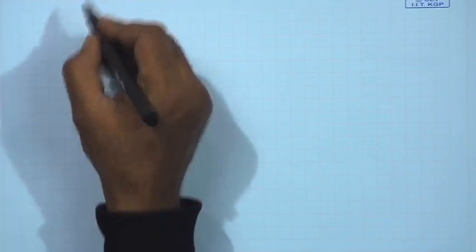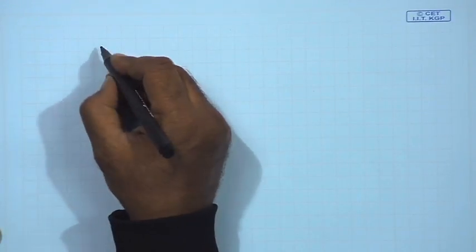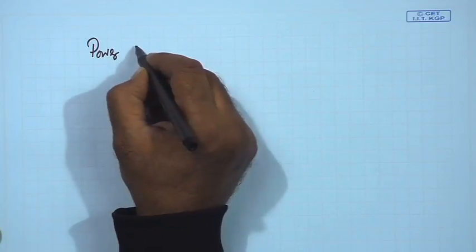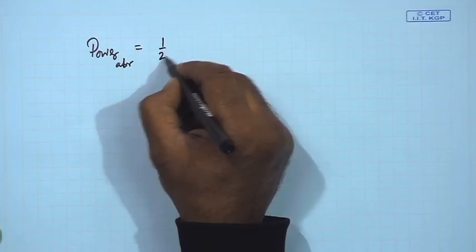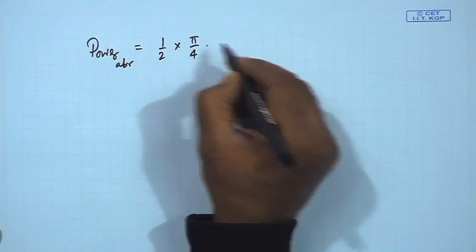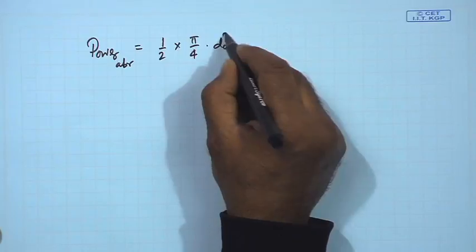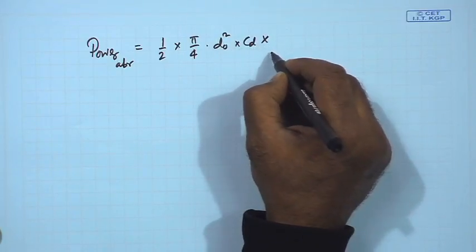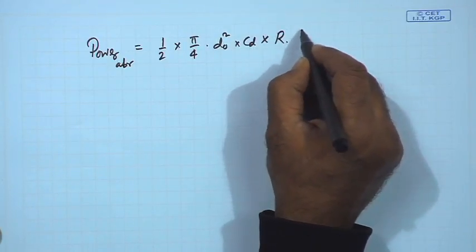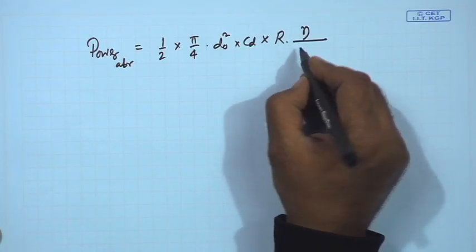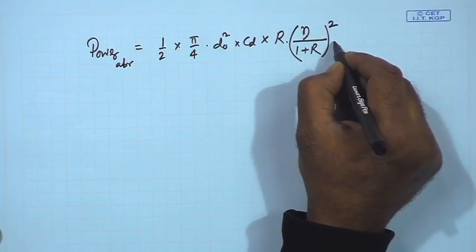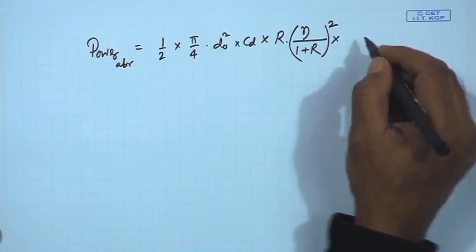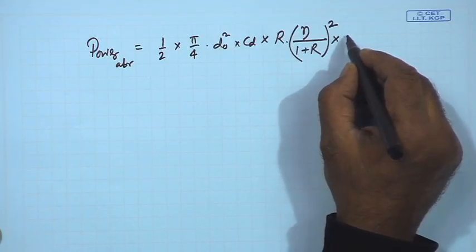So, let us quickly reproduce this, and we are going to have power of abrasive equal to half into pi by 4 into d0 square into CD into R into eta square into velocity cube.